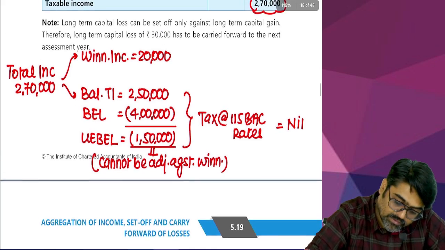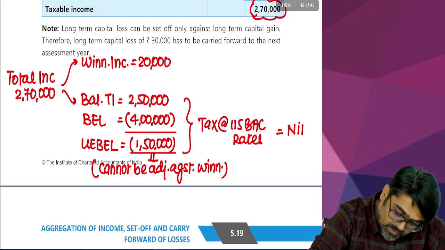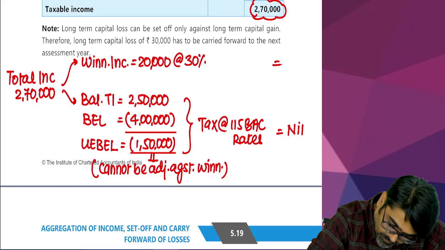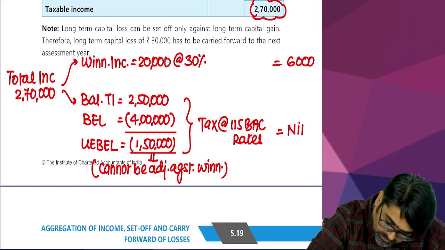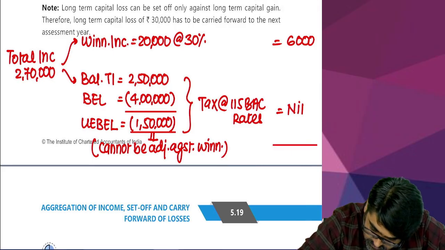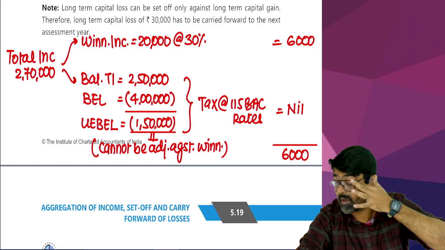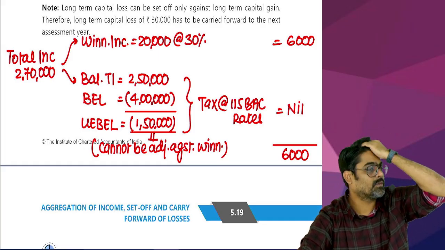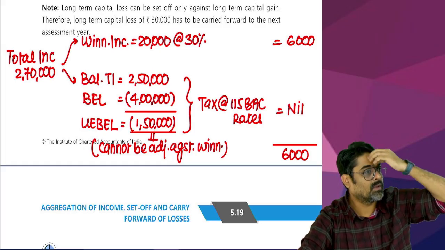Okay. And on this entire winning, you have to calculate at what rate? Calculate 6,000 tax. Yes or no? What is the total tax? 6,000 total tax. This is a tax on total income. Now, if your total income is within the limit of 12 lakhs, you get the rebate also.